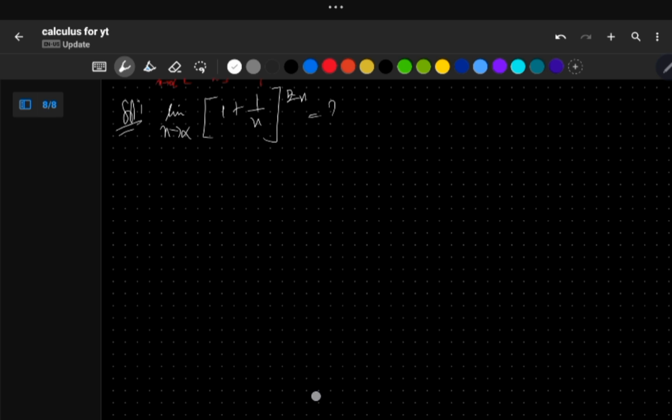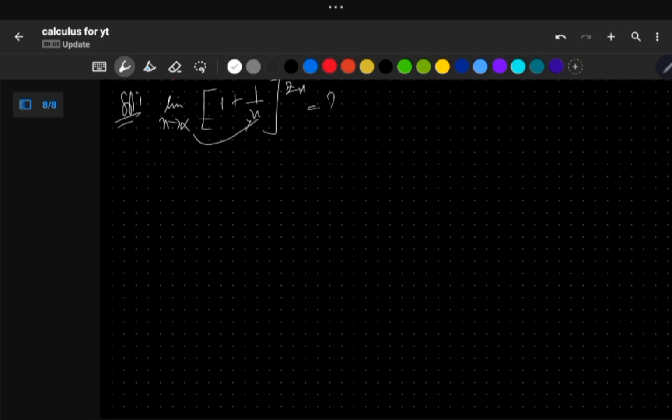If we solve it the normal way, x tends to infinity, then 1 by x becomes 0, and 2 into infinity is infinity itself. So what will be left is 1 plus 0.